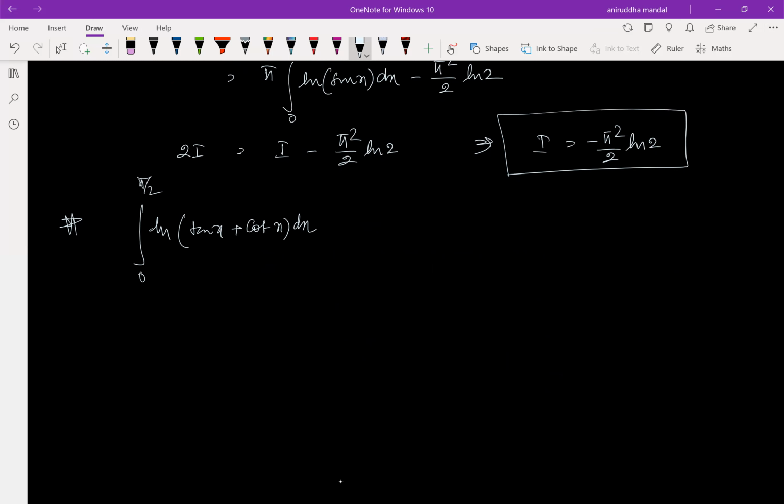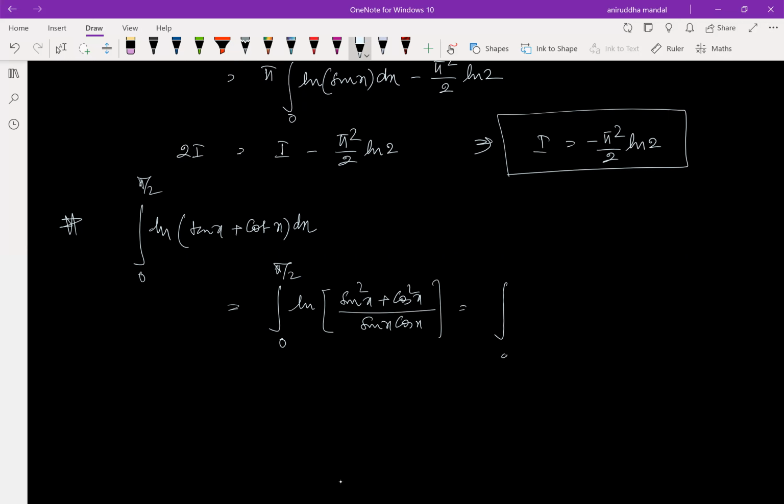Okay, so what we can do is we just first put sine and cos. So this is sine square x plus cos square x divided by sine x cos x.